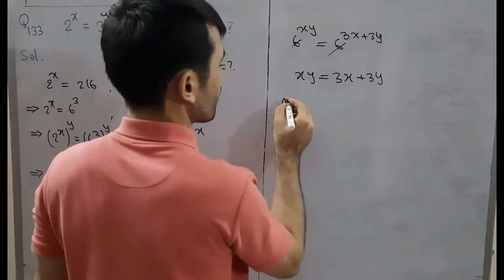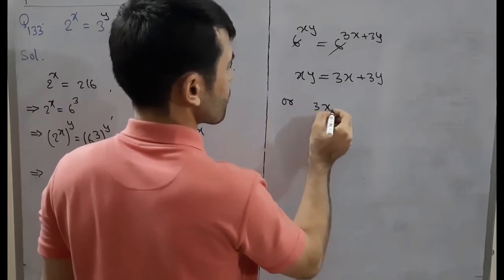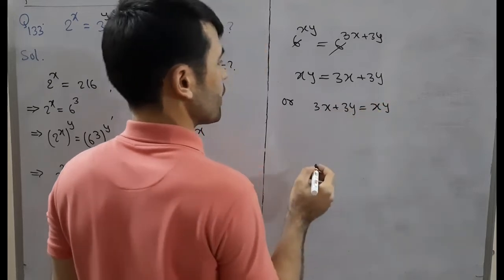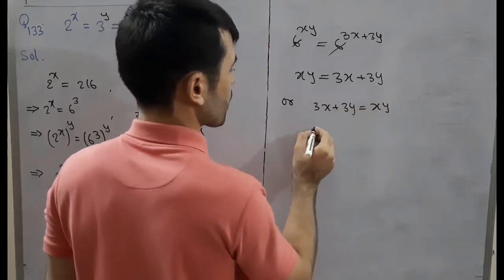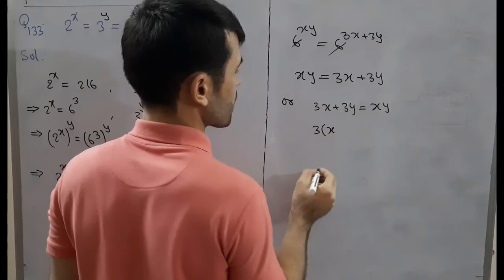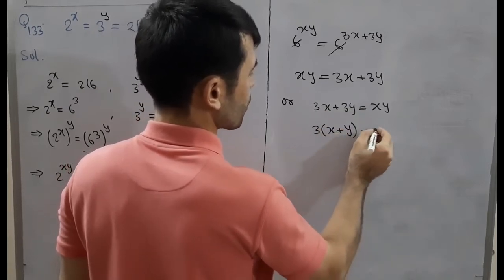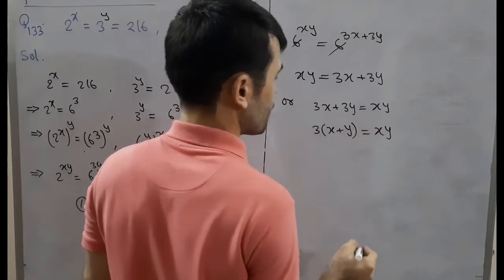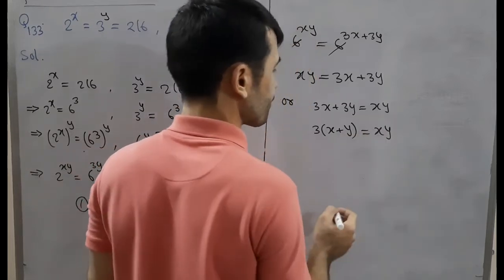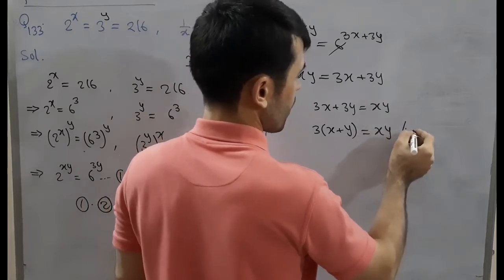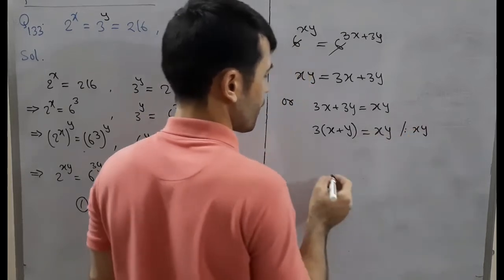Or we can write 3x plus 3y is equal to xy. We take factor 3 common: 3 multiplied by x plus y is equal to xy. Now first we divide both sides by xy.